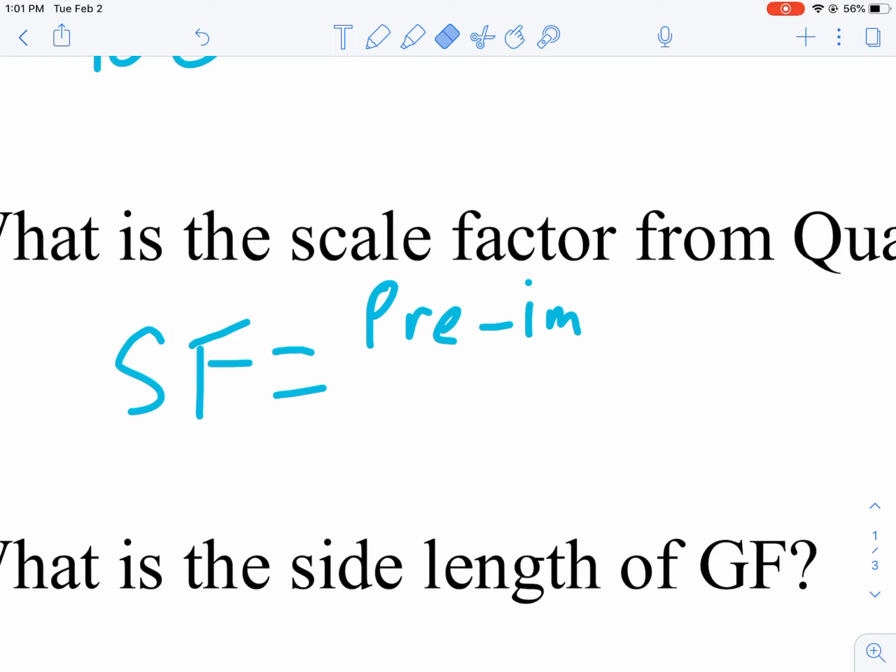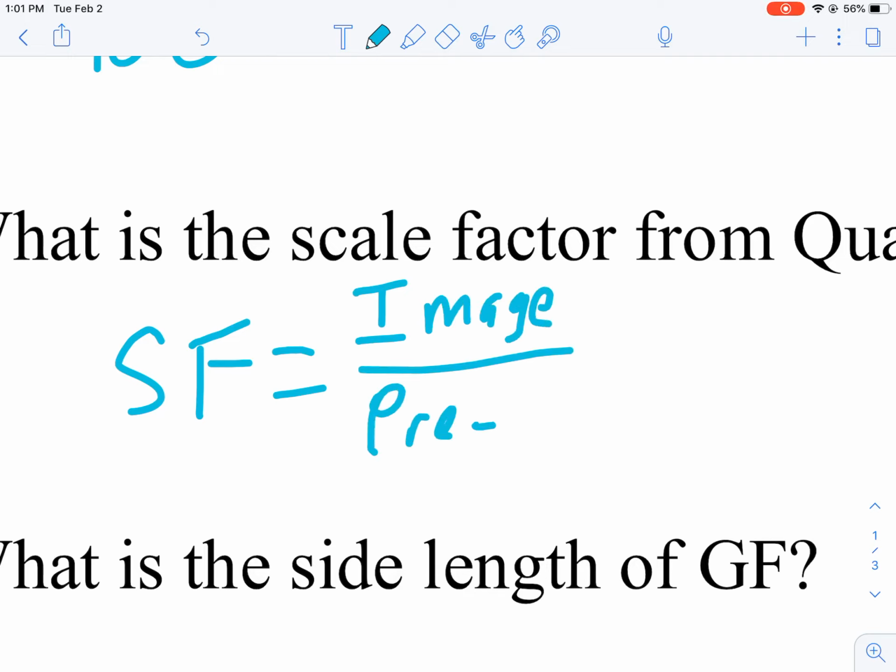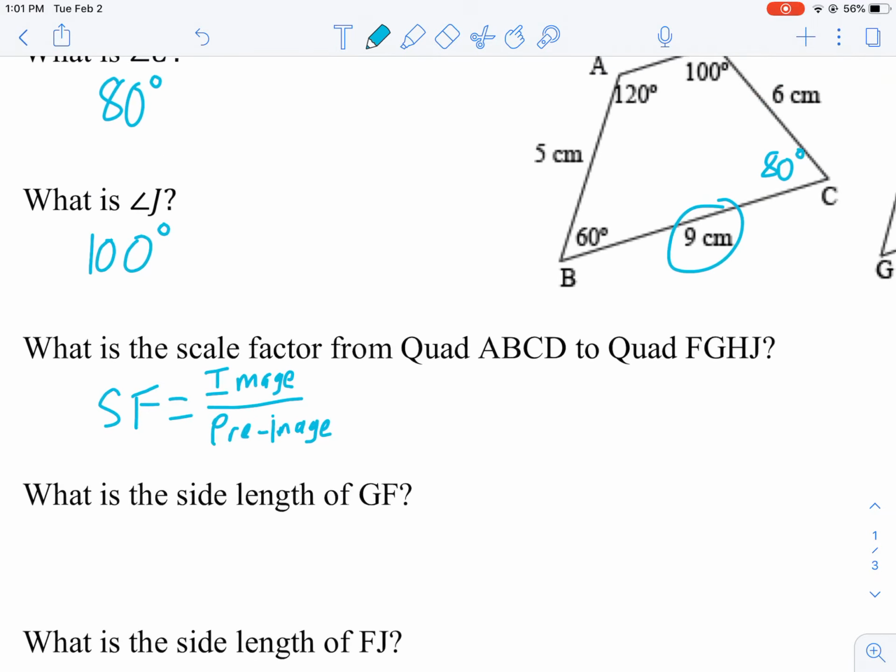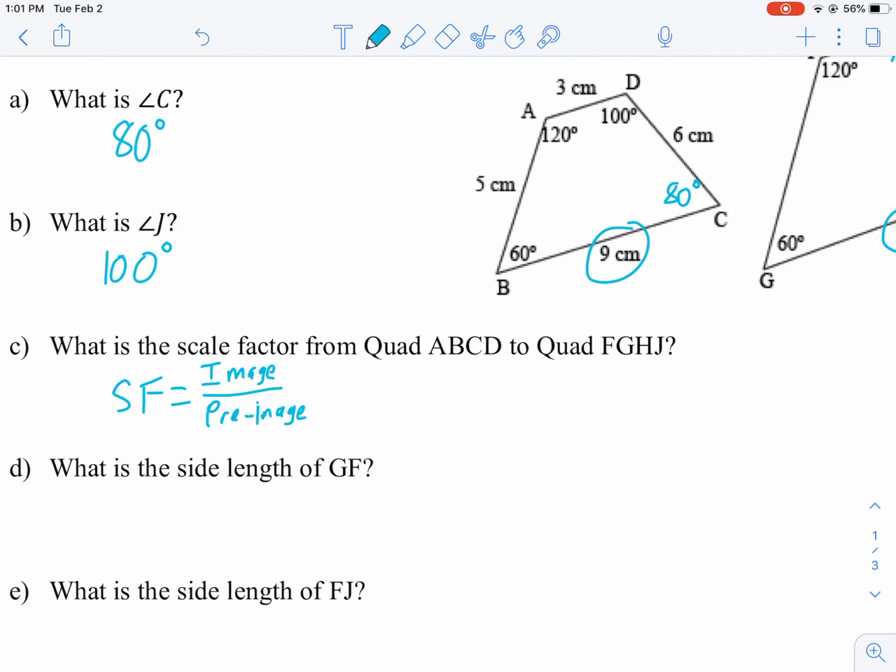Oh, wait, that's wrong. Sorry. Don't listen to that. It's always going to be image divided by pre-image. Okay, so the new shape divided by the smaller shape, and that'll find the scale factor.